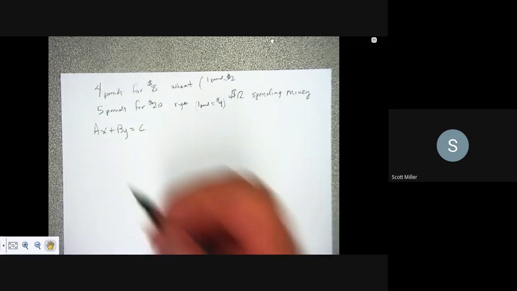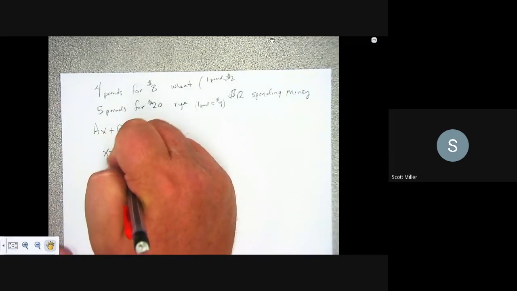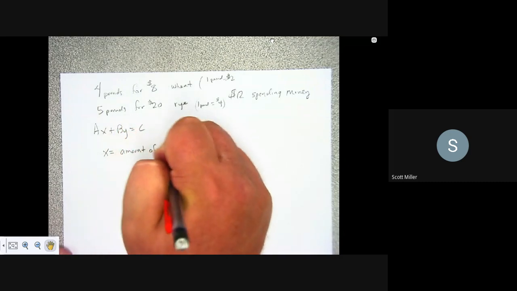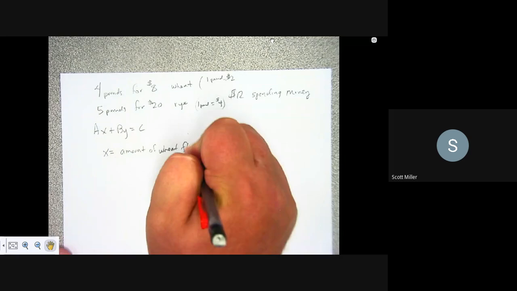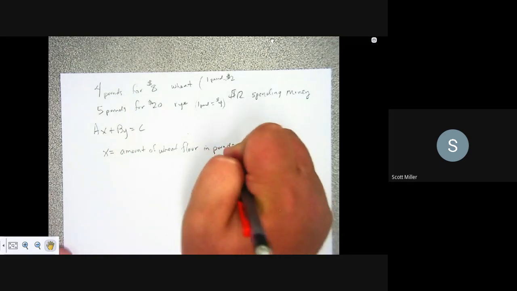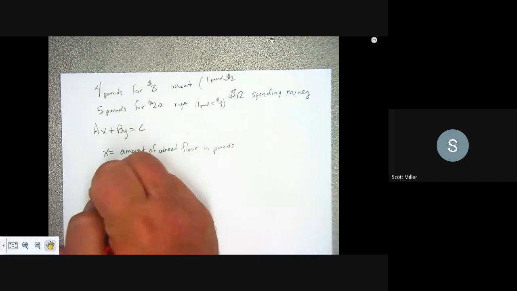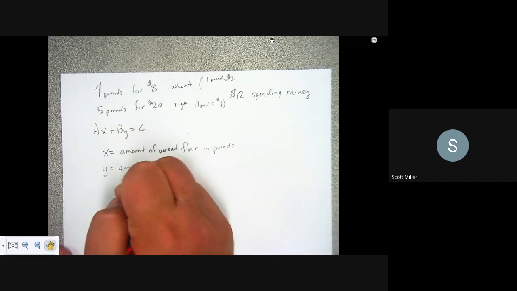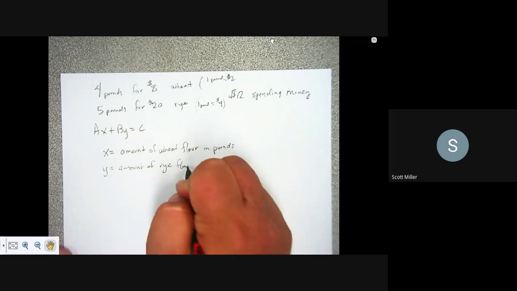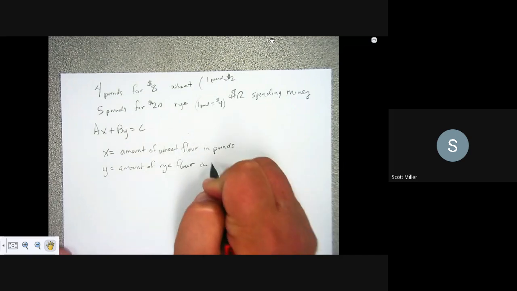So then you write down that X represents the amount of wheat flour in pounds. Y is the amount of rye flour in pounds.